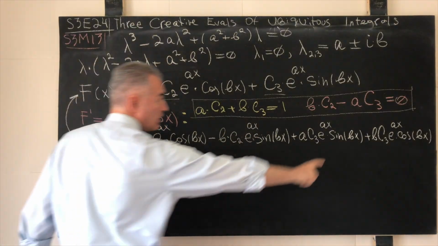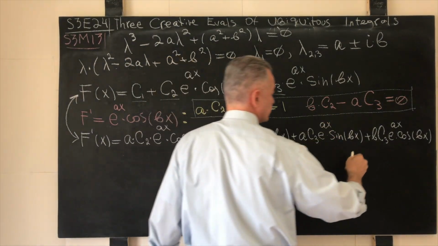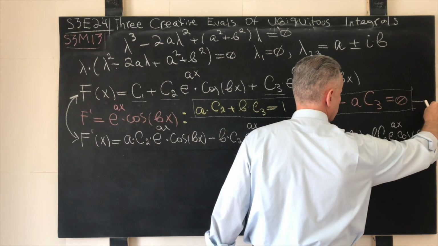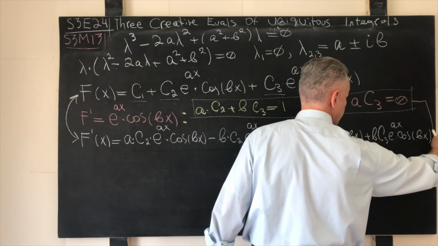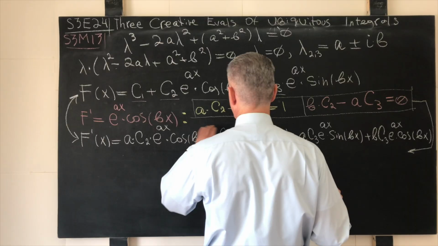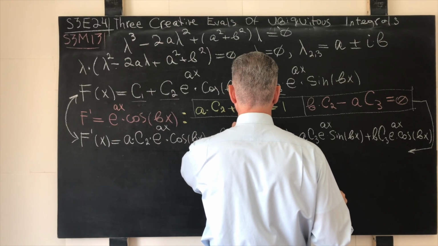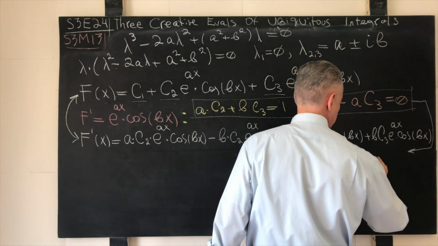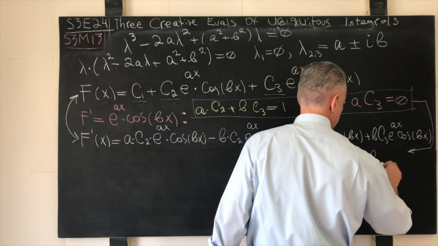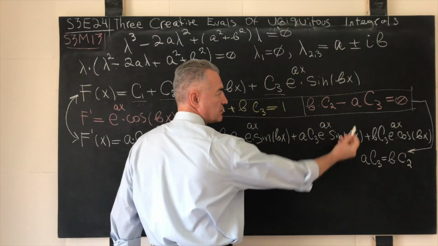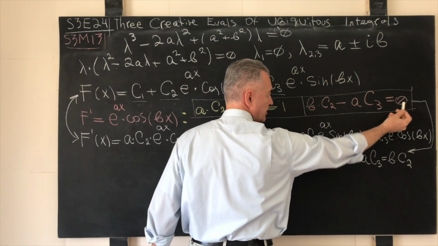So let's do this. From this equation, let's jump over here. Which one can we recover? We can recover, for example, C2. So we say that A times C3 is equal to B times C2. We carry this on the other side of the equal sign.